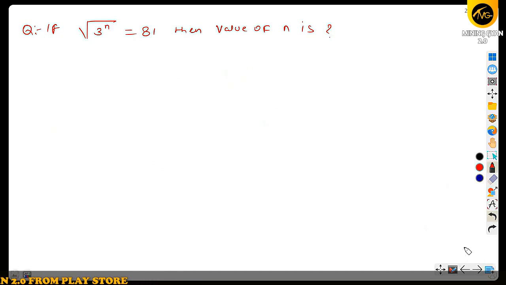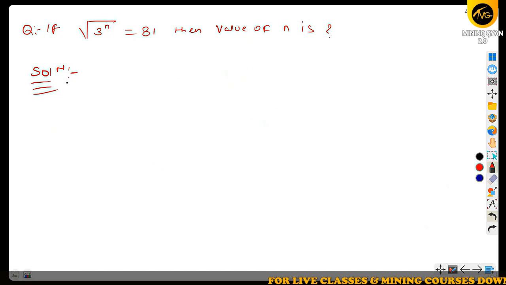Okay, if root over 3 power n is equal to 81, then what is the value of n? Have we done this type of question before? Okay, let me know the value of n. What is the value of n? Monica, 2.